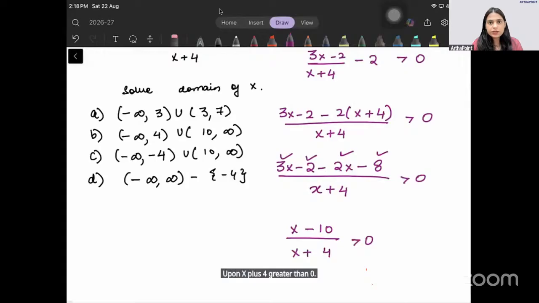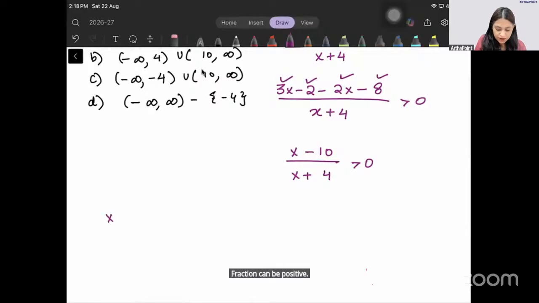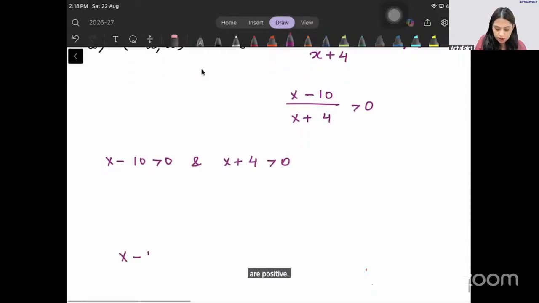I want the fraction to be positive. Fraction can be positive when numerator and denominator are positive or numerator and denominator both are negative.